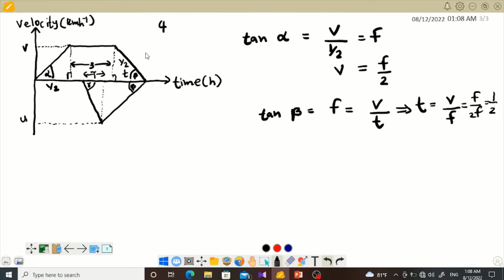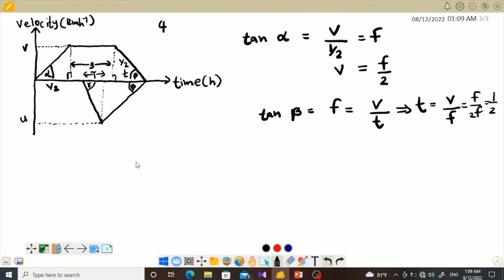Now I know the displacement of train A. In the problem they have given that the PQ distance is 140 kilometers, and we know that the area under the graph shows us the displacement, or the distance between two points. So I am going to equate the area of this graph to 140. This is actually a trapezium, so I can find the area of the trapezium.